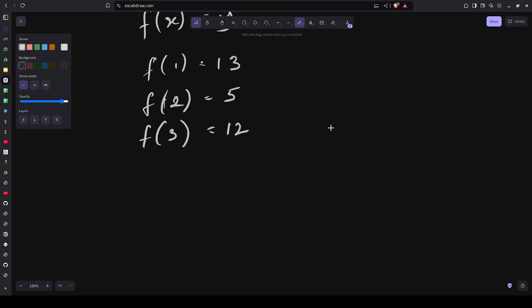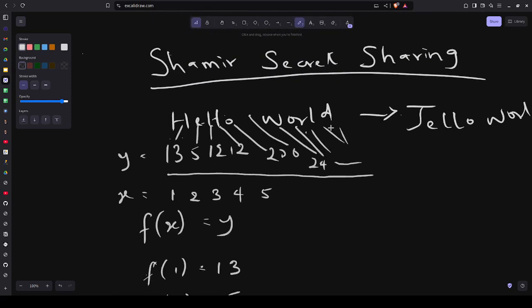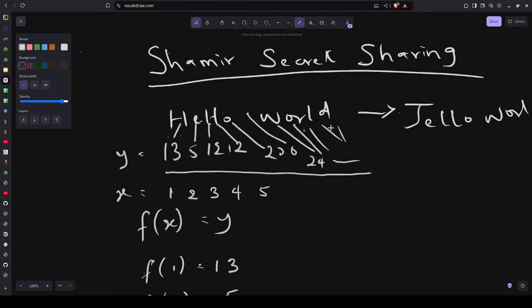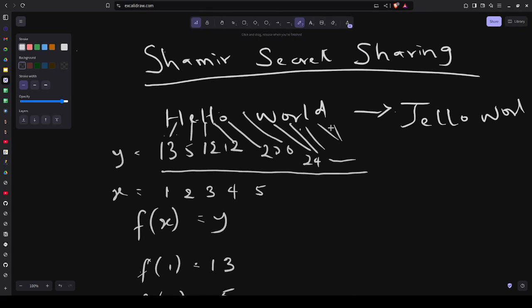Okay, let me just go straight into Shamir's secret sharing. The whole essence of Shamir's secret sharing is that we have a secret and we want to share that secret between people, but in a way that only a certain threshold of people can reconstruct the secret.